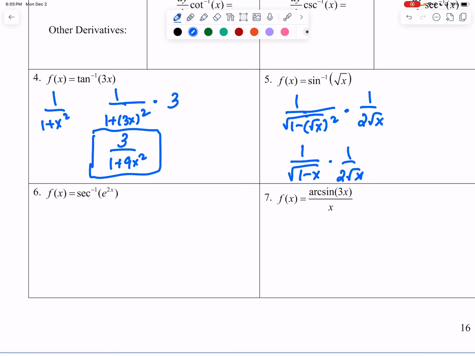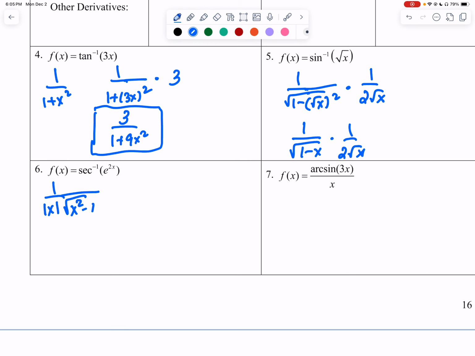Alright, the derivative of inverse secant. This one gets a little bit messy, because remember that it is 1 over absolute value of x, square root of x squared minus 1. We're going to replace x with e to the 2x.